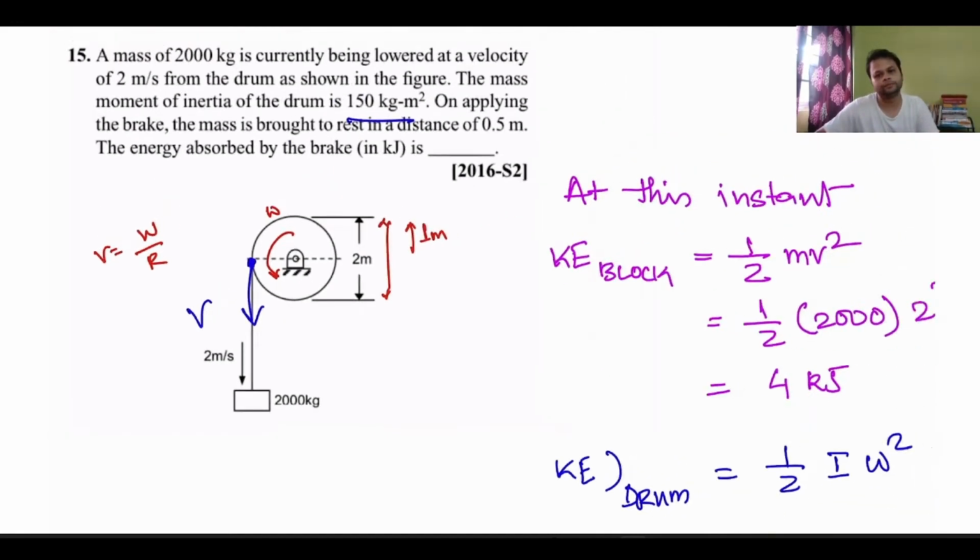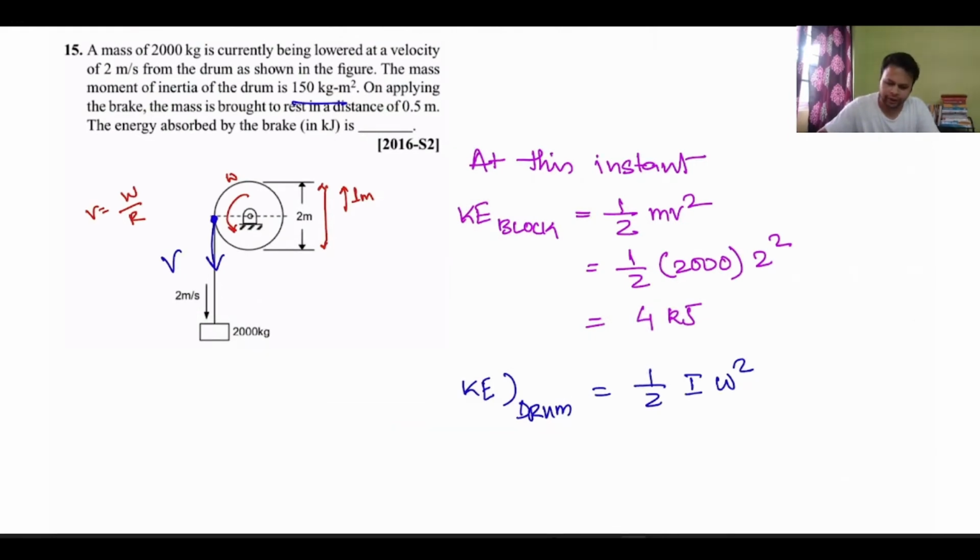So the kinetic energy of the drum is half the moment of inertia, 150 kg meter square, times omega squared, where omega is v divided by r, that is 2 divided by 1, whole squared. This comes out to 300 joule, which is 0.3 kilojoule.